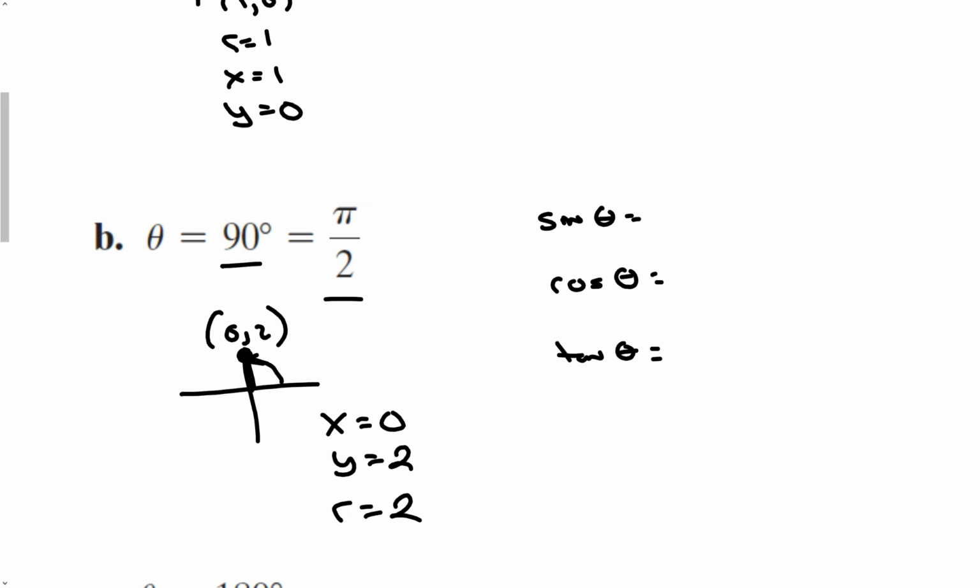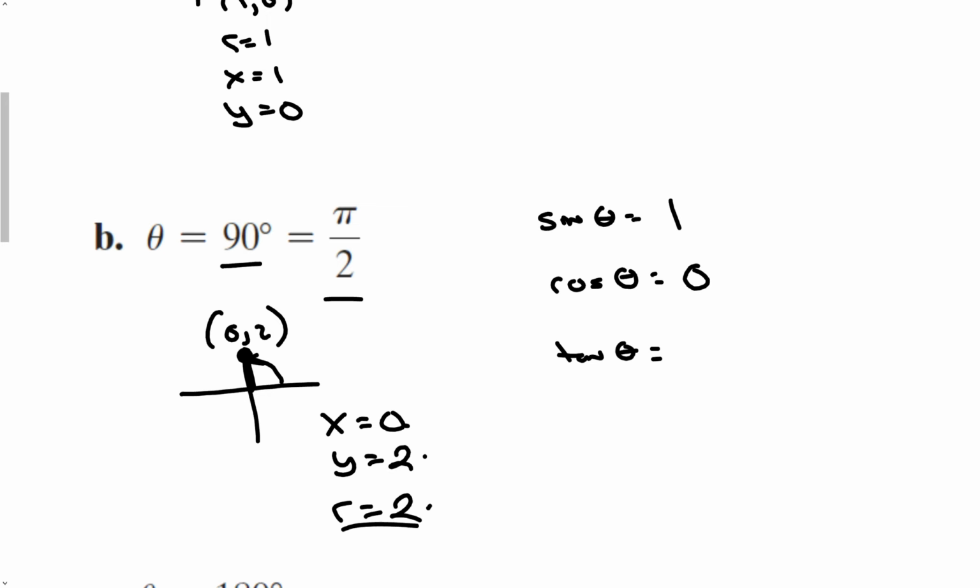So when you're dealing with quadrantal angles, the radius and either the x and y coordinate are going to be the same number, except the radius is always going to be positive. Sine is y over r, 2 over 2, which is 1. Cosine is x over r, 0.